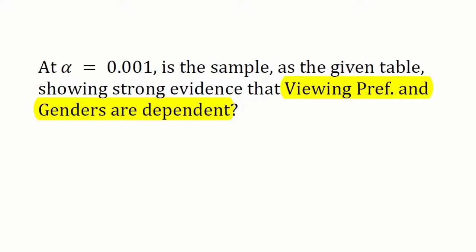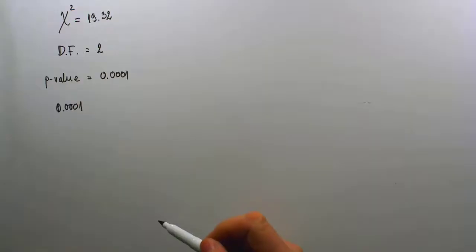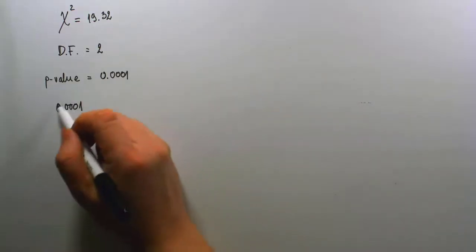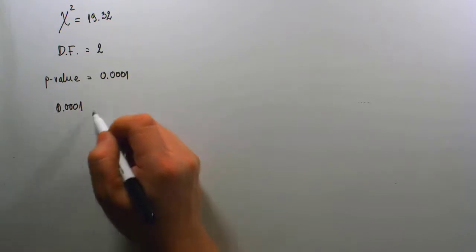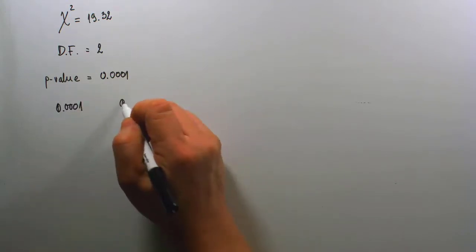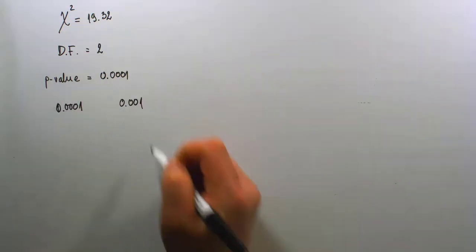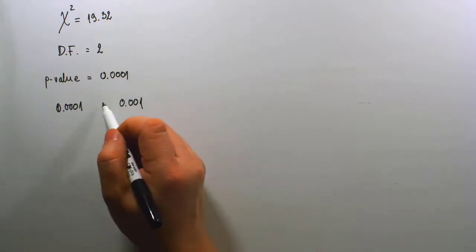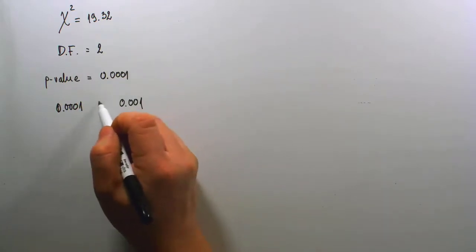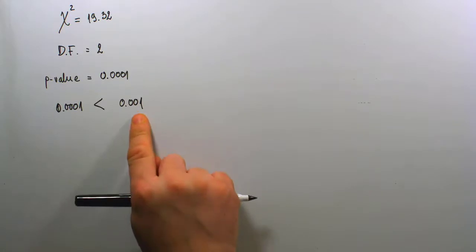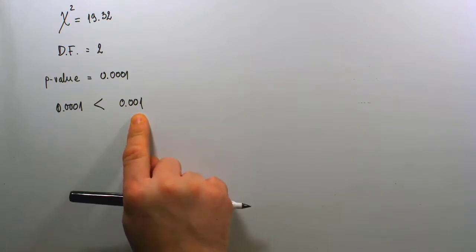So now back to the question that I addressed earlier. We are given a significance level 0.001. So our final p-value is to be compared with significance level 0.001. And direct comparison clearly shows that our p-value is well below this significance level, 0.001.